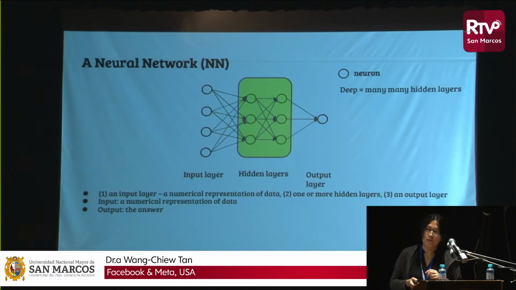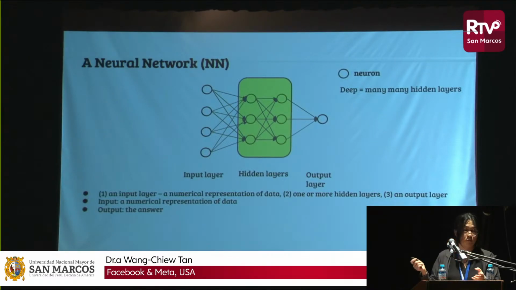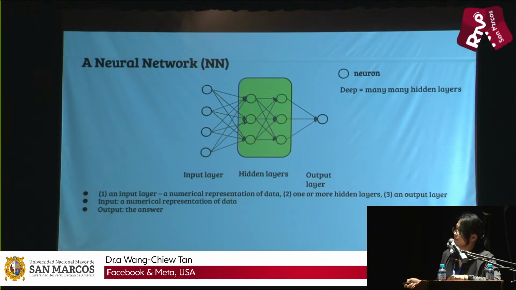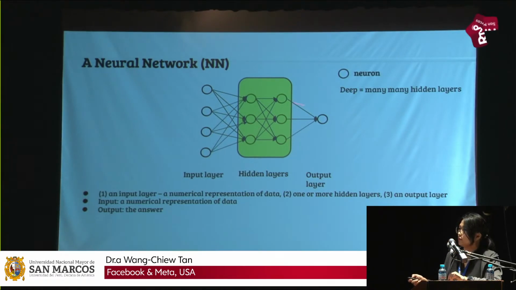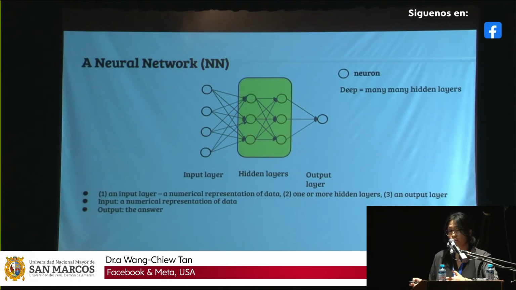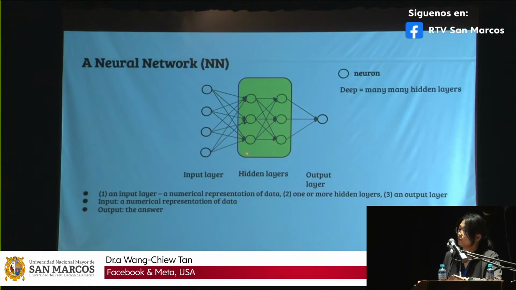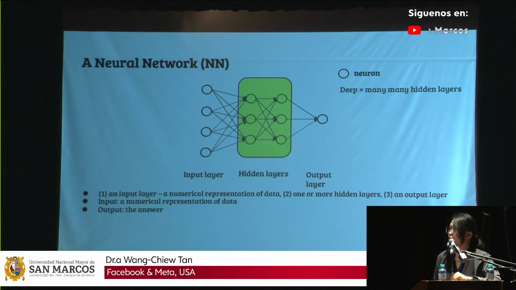Okay, so first, what is a neural network? I think most of you here know already, but in case not, let me go through it very quickly. A neural network roughly follows the schematic shown here. On the left, you have a bunch of inputs, and on the right, usually one output, and in the middle, you have what we call a number of hidden layers, usually at least 2 or more, of neurons interconnected together in all possible ways.